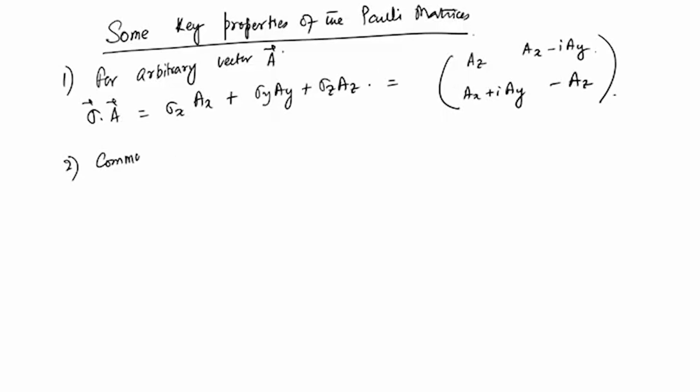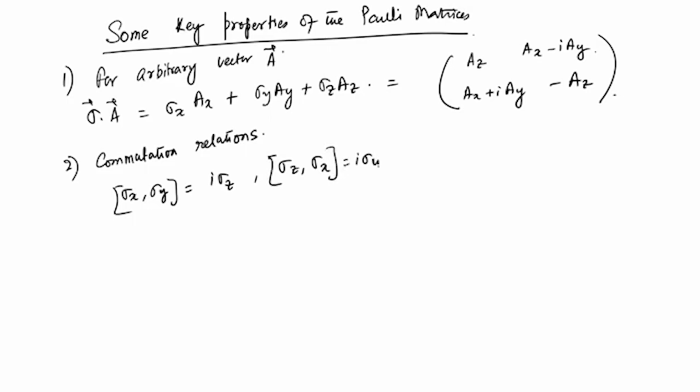Okay, so we write down the commutation relations for these sigma matrices, and the sigma matrices have the same commutation relation: [sigma x, sigma y] is equal to 2i sigma z, and [sigma z, sigma x] is equal to 2i sigma y, and [sigma y, sigma z] is equal to 2i sigma x.